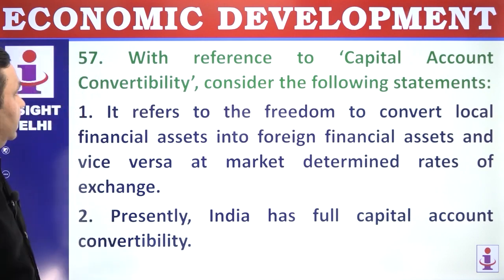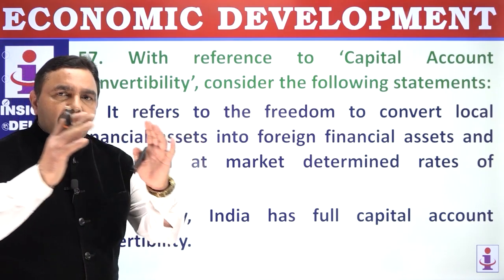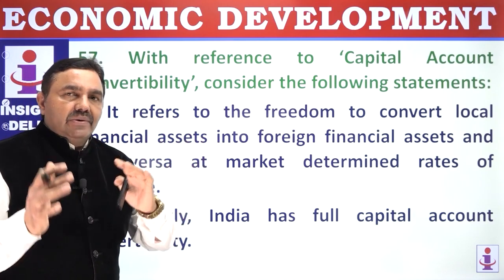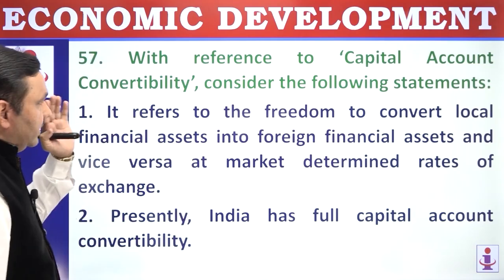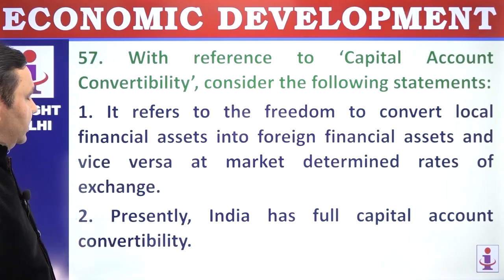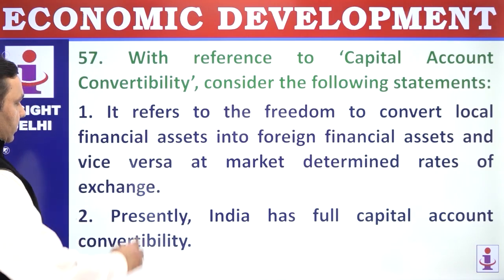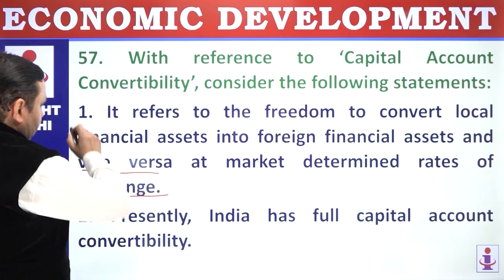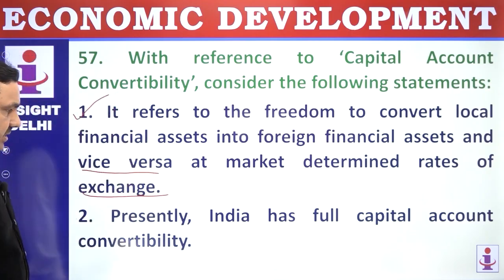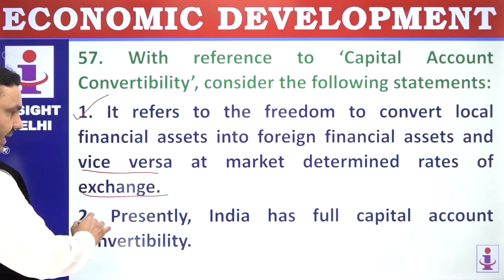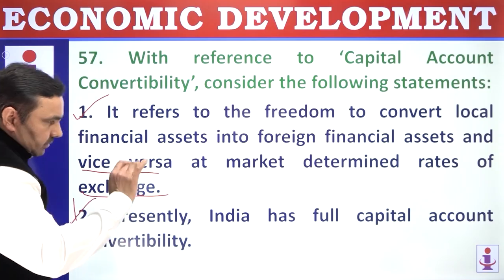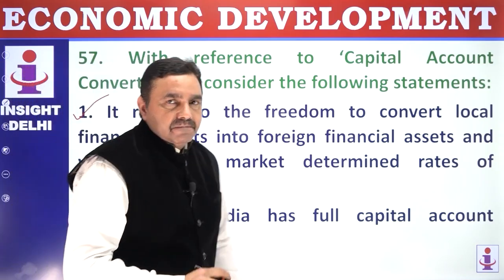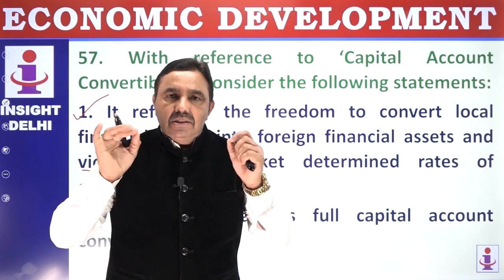With reference to capital account convertibility, it means the money or the capital can come into the country and go out easily without any restriction. It refers to the freedom to convert local financial assets into financial assets of other countries and vice versa at market determined exchange rate. Presently, India has partial capital account convertibility, full current account convertibility. Current account convertibility is full.